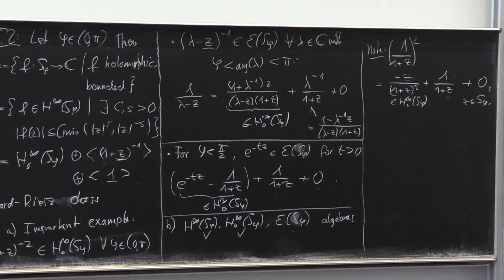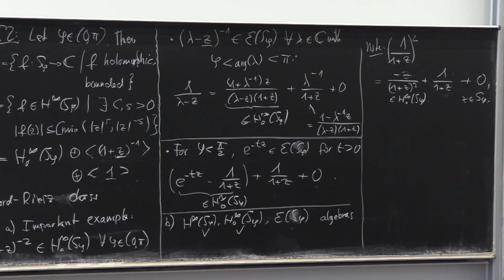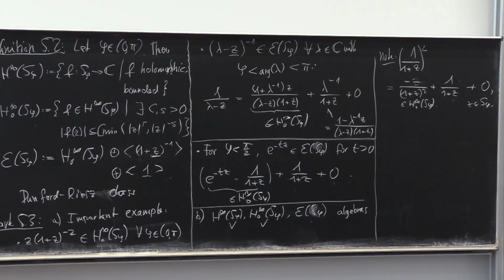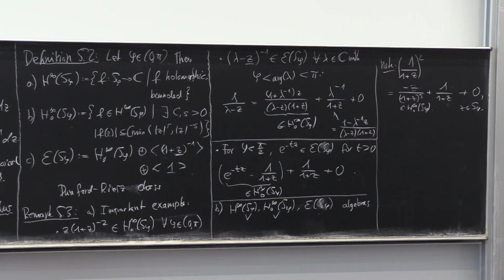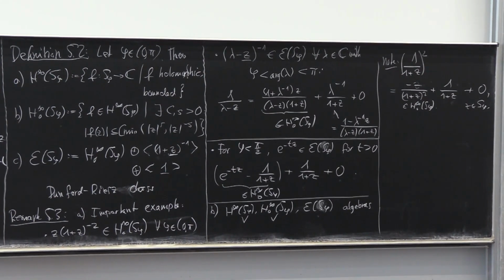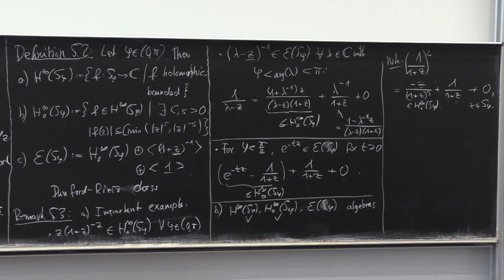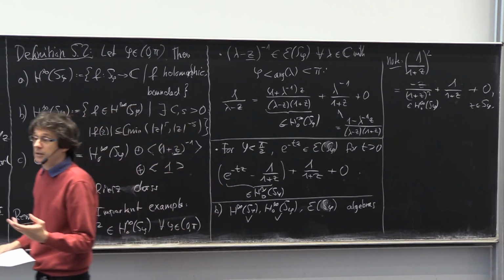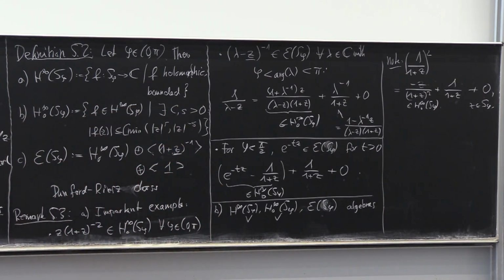There remains the question, if someone gives you a holomorphic function and asks you, is this in the Dunford-Riesz class, yes or no? Sometimes you can do some little calculations, but it would be nice to have some characterization that tells us if the function does that and that.